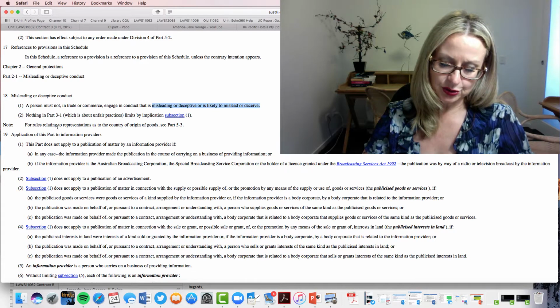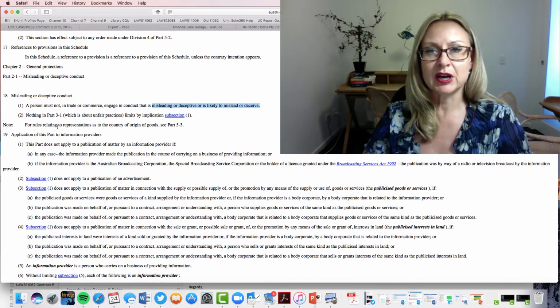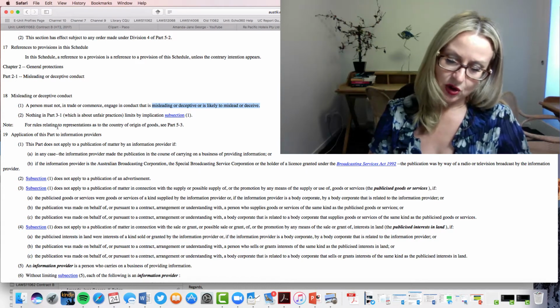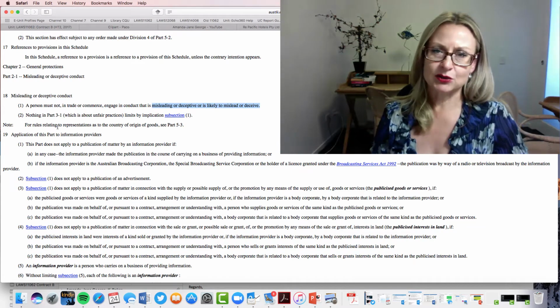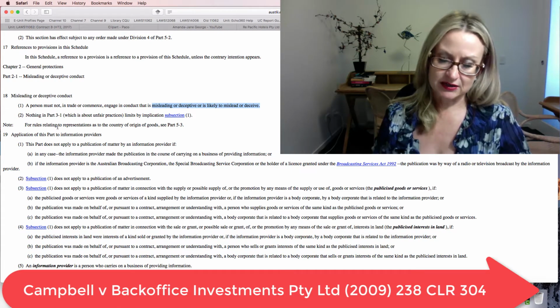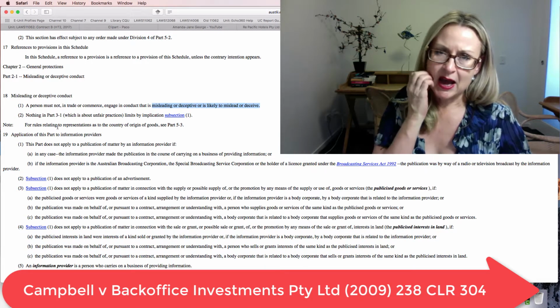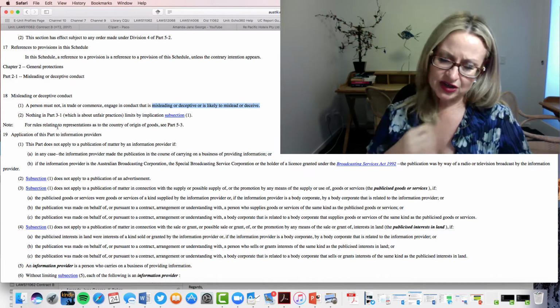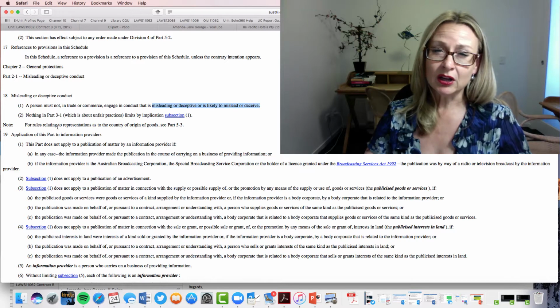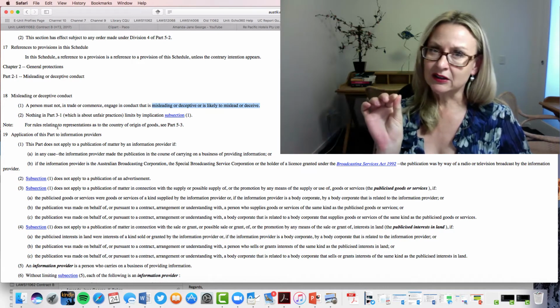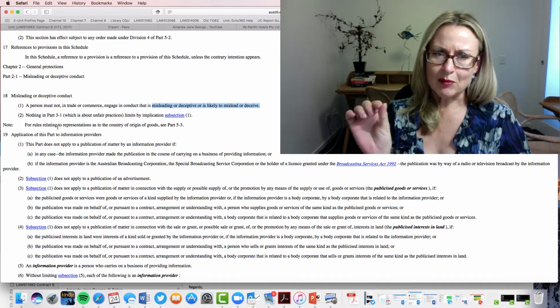Now, in relation to what will constitute misleading or deceptive conduct, you'll see the text talks about a case called Campbell and Back Office Investments. In that case, Chief Justice French said that you have to consider the conduct as a whole. You can't just focus as a fine point on one particular thing.